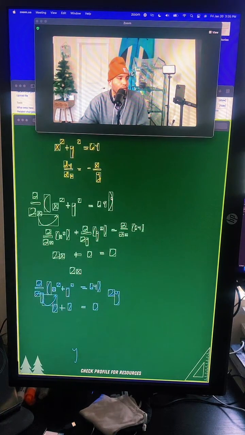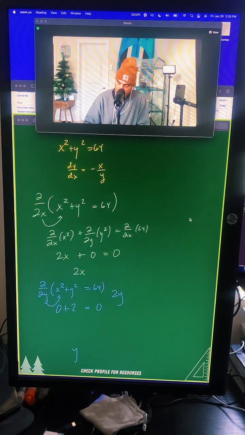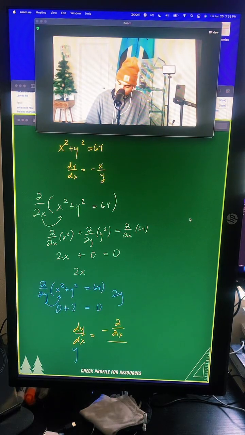I'm doing this for a reason, because now there is a nice little theorem. I think it's called the implicit function theorem or something like that. The implicit differentiation of any function is equal to negative the partial derivative in terms of x over the partial derivative in terms of y.